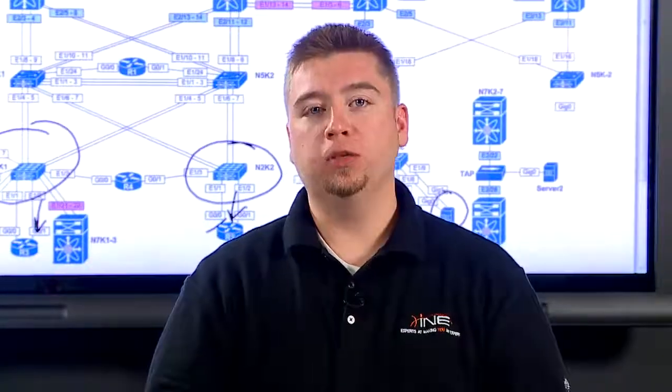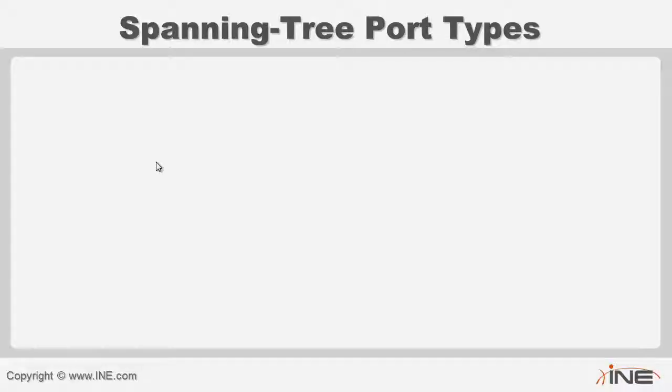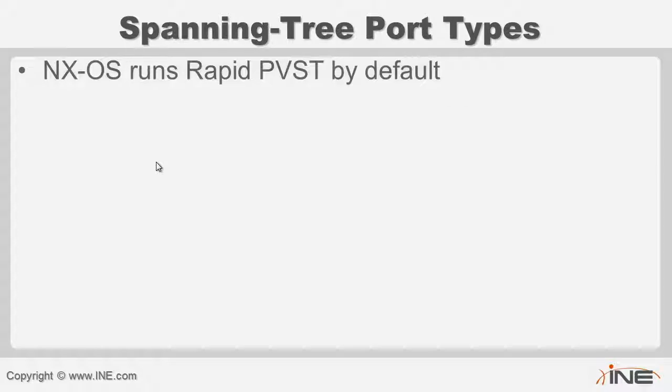Now, next thing we need to know is how does spanning tree work a little bit differently on Nexus than it does in Catalyst. So by default, as I mentioned, we're going to be running rapid per VLAN spanning tree, which is still the Cisco proprietary version of spanning tree, but it is running rapid spanning tree, or RSTP, on a per VLAN basis.